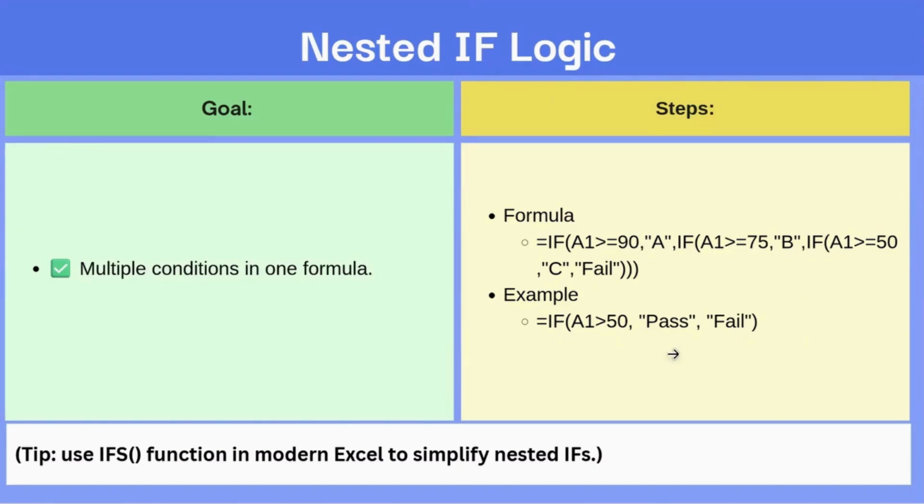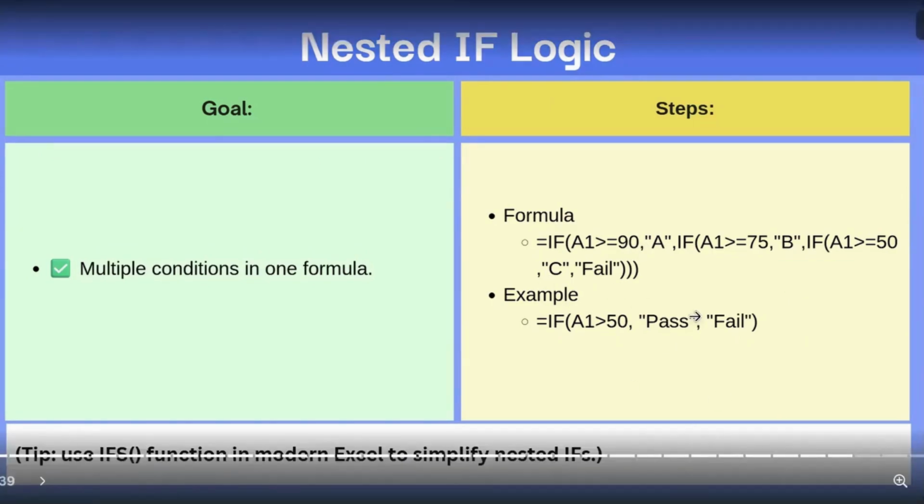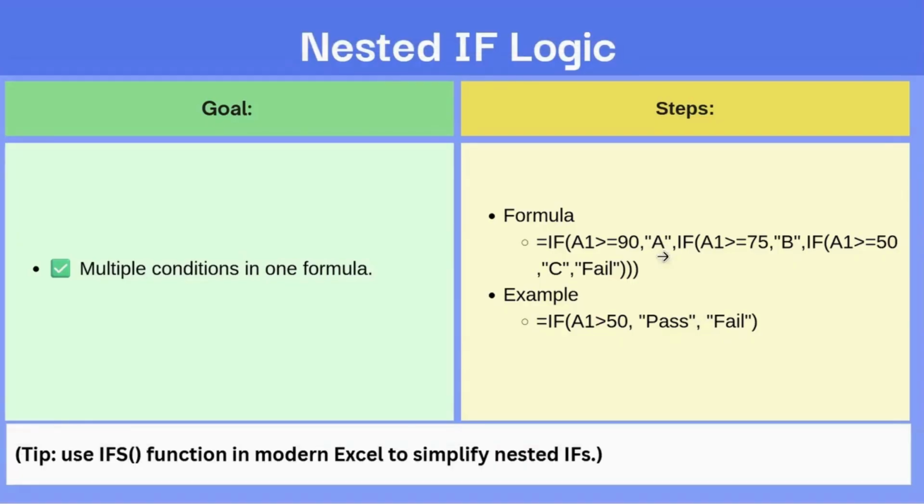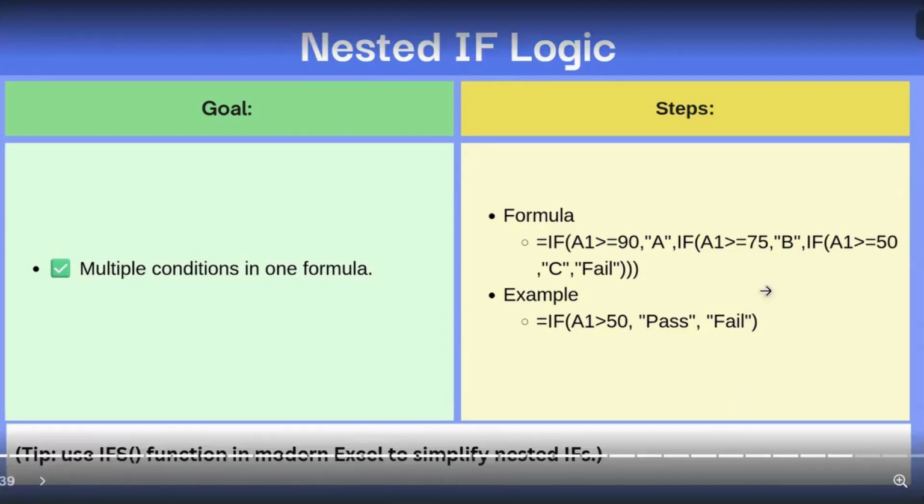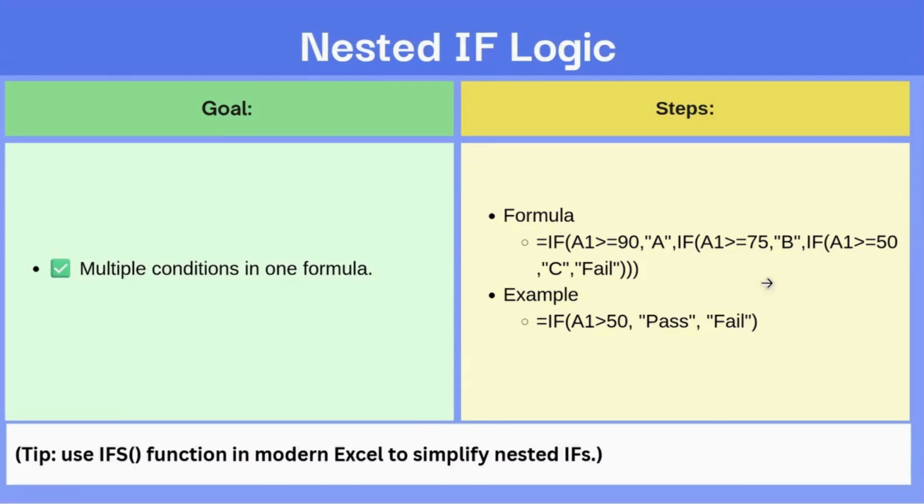Let's say here, if the marks are greater than or equal to 90, then the grade assigned is A. If not, that is if the condition is false, then it again checks if marks are greater than or equal to 75. And if that's true, it assigns grade B, else again checking. Then C, and if that also fails, then assign fail. So basically multiple conditions in one large formula is called nesting.